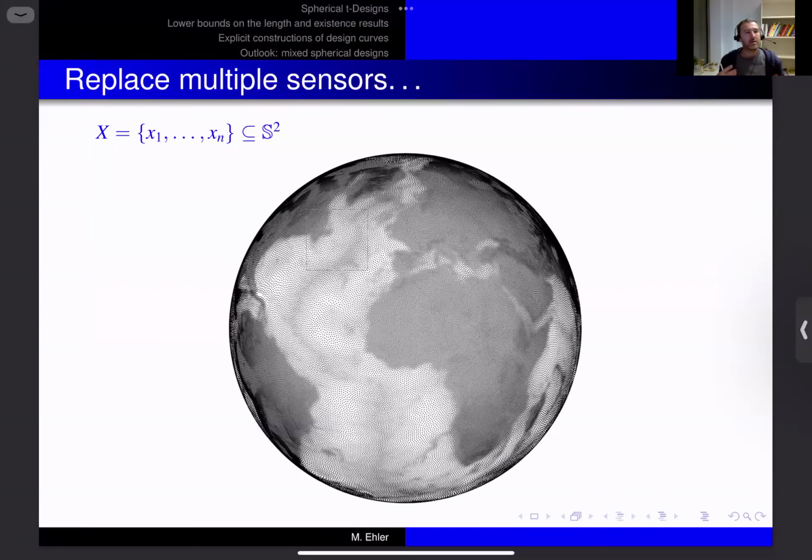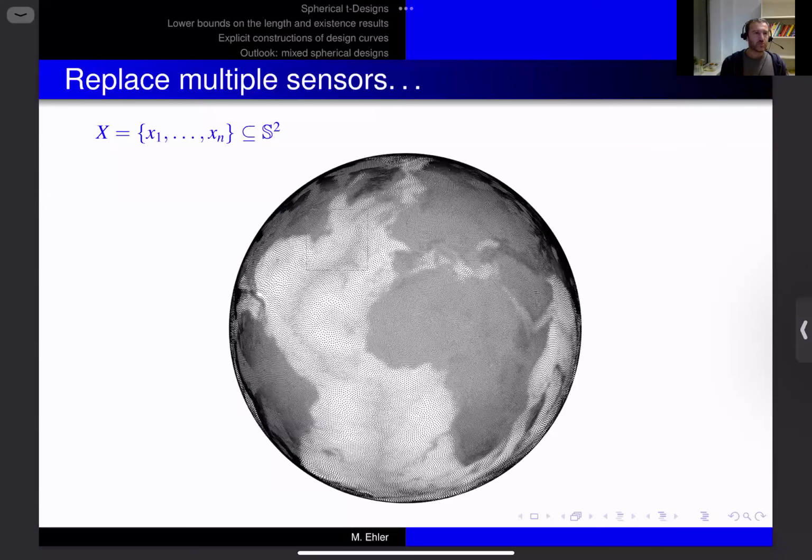Yeah, so a motivational idea is that we would like to place multiple sensors on, let's say, the surface of the Earth. Imagine you would like to measure a certain quantity. And in some sense, we already have some guess of a distribution that we really would like to measure.